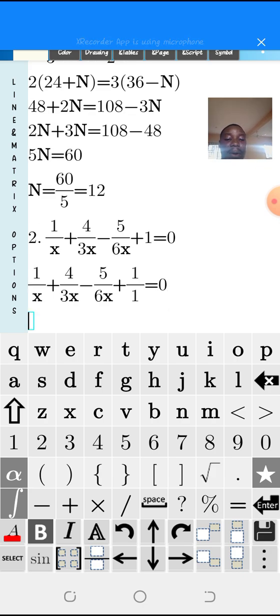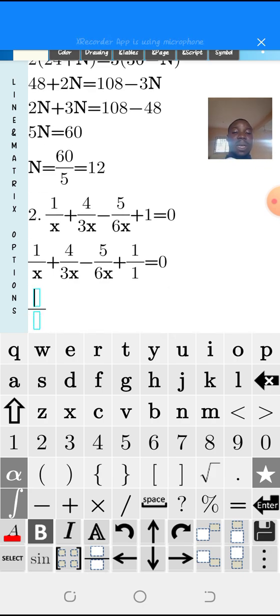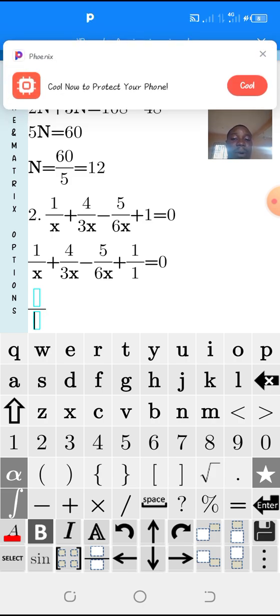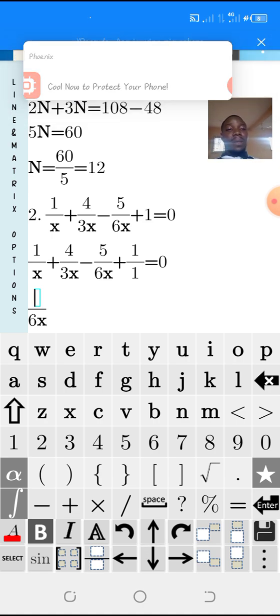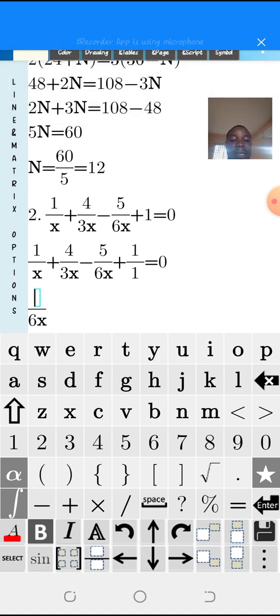You quickly look for the LCM of the denominators on the left hand side, and I think the LCM of x, 3x, 6x, and 1 is 6x. 6x divided by x gives us 6, and 6 times 1 is still 6, plus 6x divided by 3x gives us 2, and 2 multiplied by 4 gives us 8, minus 6x divided by 6x gives us 1, and 1 times 5 is just 5, plus 6x divided by 1 is 6x, times 1, you have 6x, equal to 0.